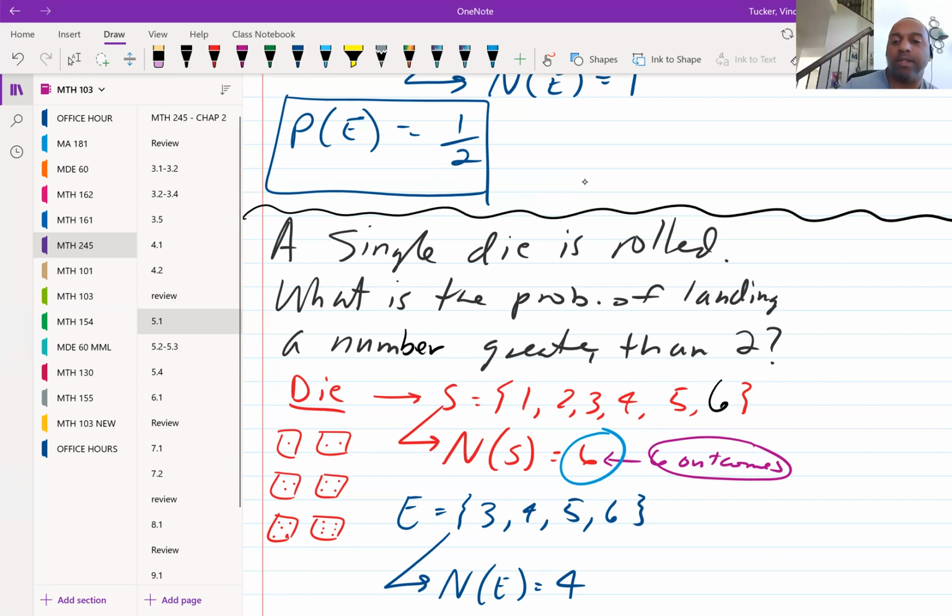This is just the counting of the outcomes that you have. Now we want the probability of getting a number greater than 2. The numbers greater than 2 are 3, 4, 5, 6, so there are 4 of those outcomes.